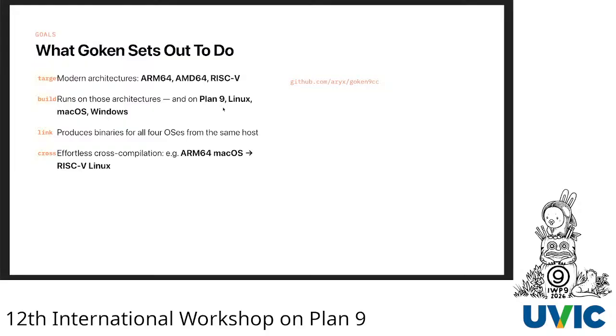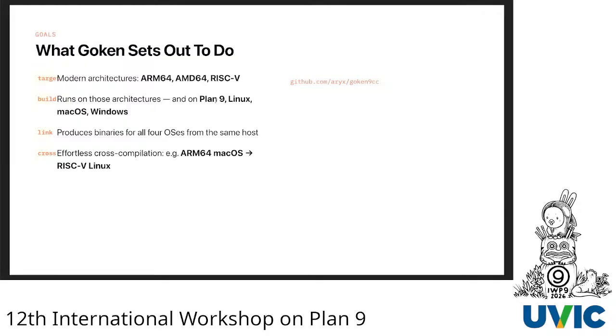That is, I want to be able to run those Plan 9 toolchains on Plan 9, but also on Linux, also on Mac OS, also on Windows. And I want to produce binaries for all these 4 OSs in these different architectures, so that I can have effortless cross compilation, so that I can be on my Mac laptop on Mac OS and produce binary for RISC-V Linux. And so the URL on the right on GitHub is the URL of this project, of this Plan 9 toolchain.